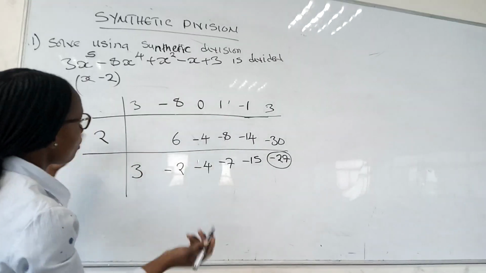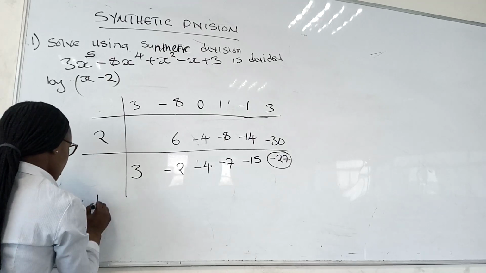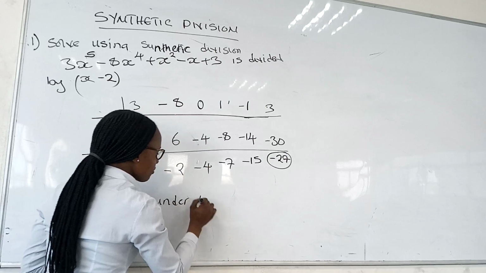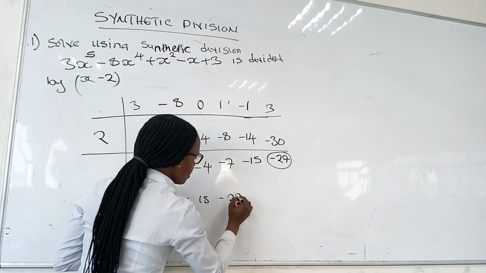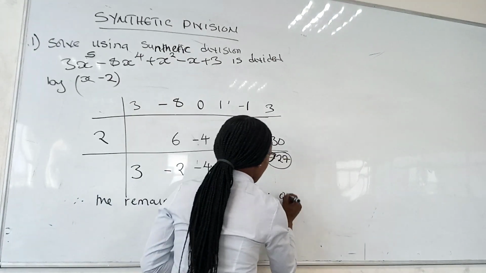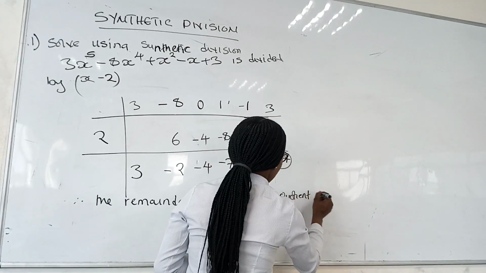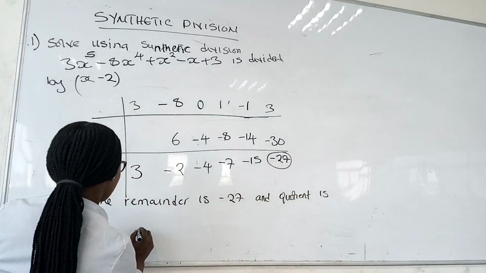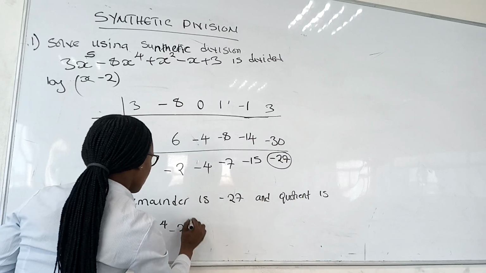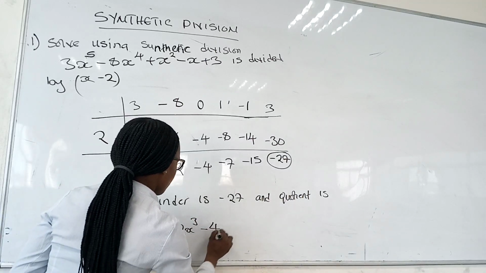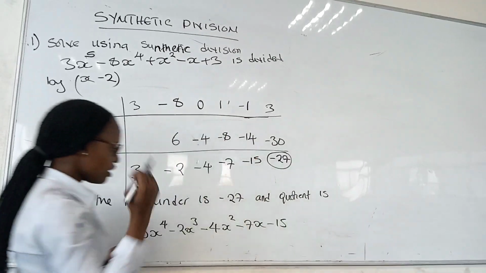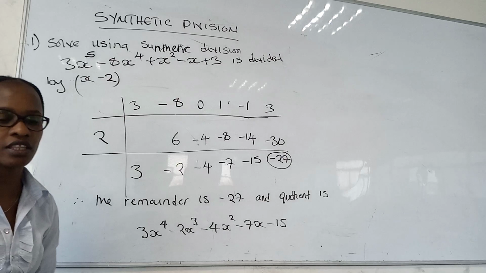So from here, we can conclude that the remainder is negative 27, and we can say the quotient is 3x to the power 4 minus 2x to the power 3 minus 4x to the power 2 minus 7x minus 15. And we are done with this question.